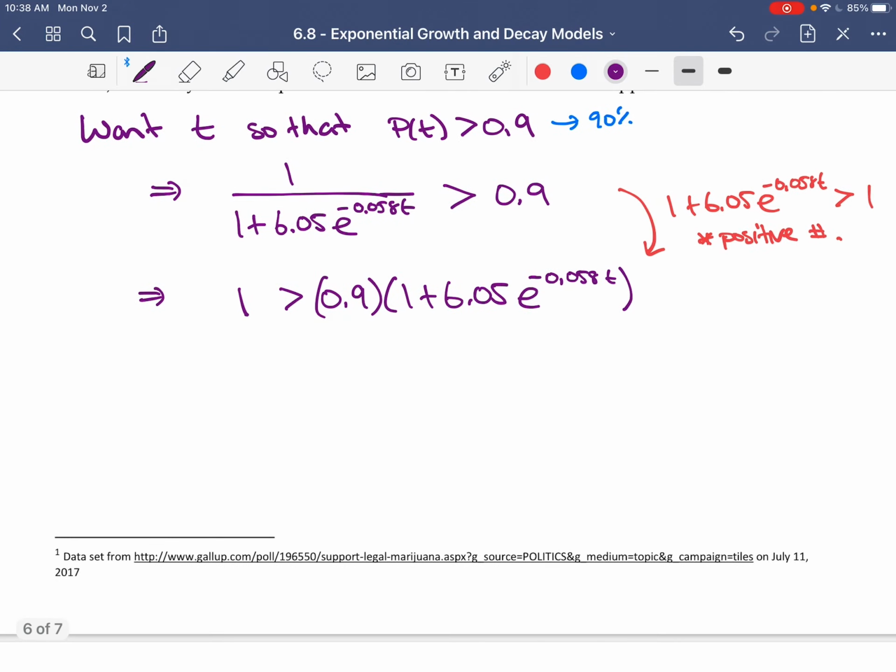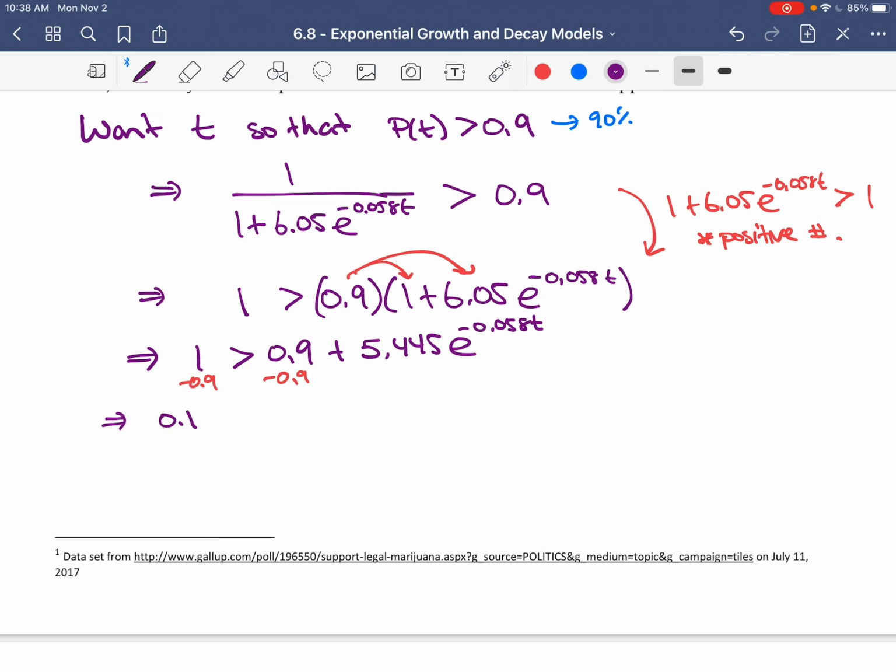Okay, now expanding the 0.9 in gives me 1 is bigger than 0.9 plus 5.445 e to the negative 0.058 t. So now I'm going to subtract 0.9 on both sides.